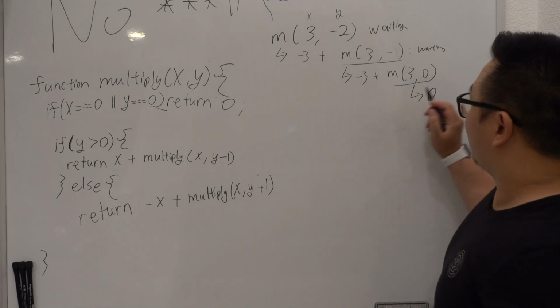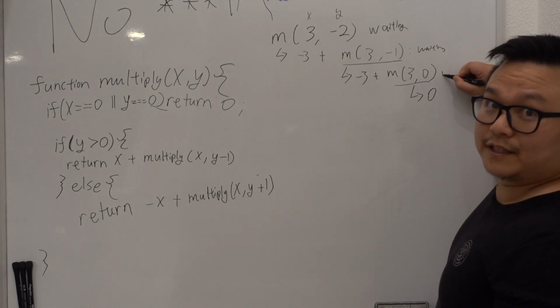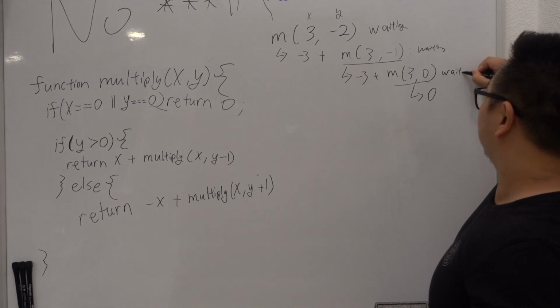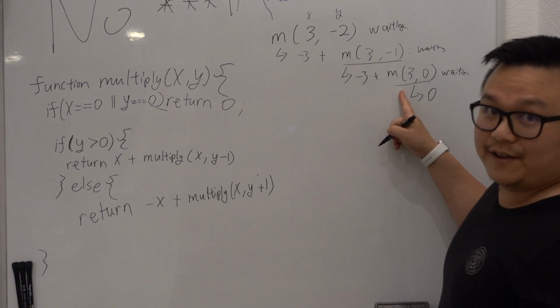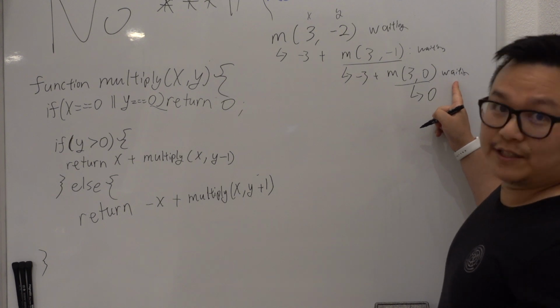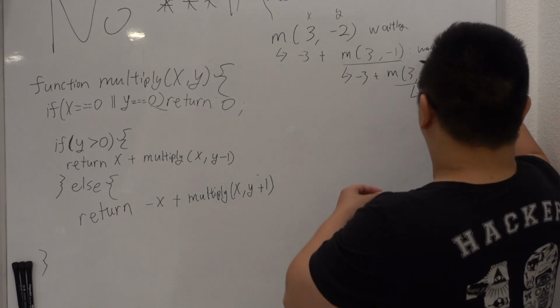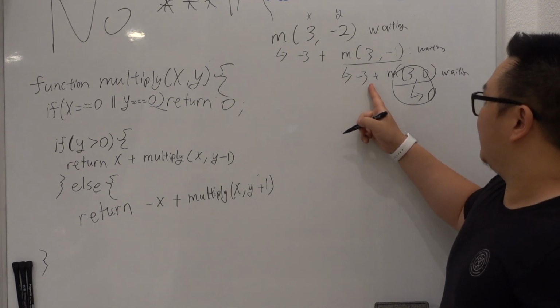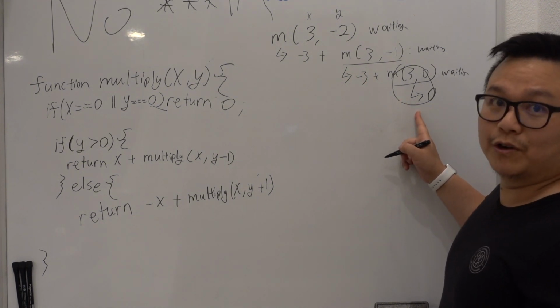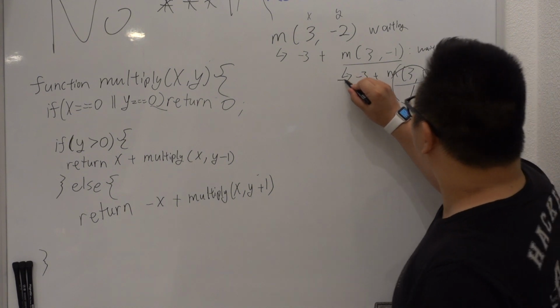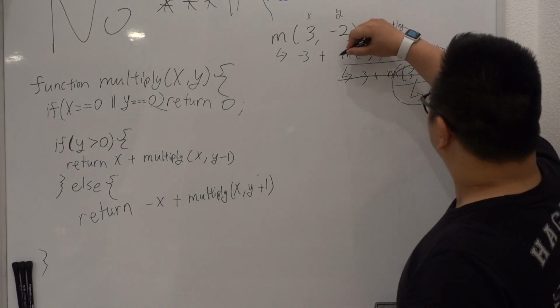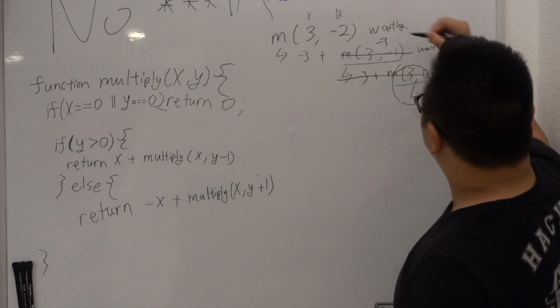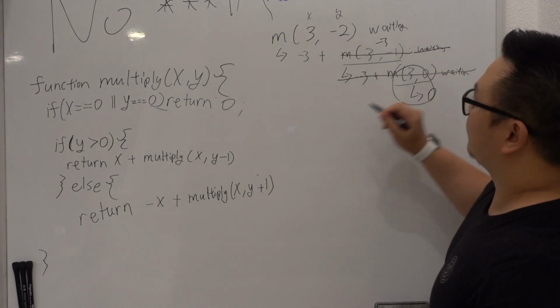So now this function that used to be waiting, once it evaluates to 0, is no longer waiting. And then you have negative 3 plus 0, which is negative 3. Right? This is done. This is negative 3. This is no longer waiting.